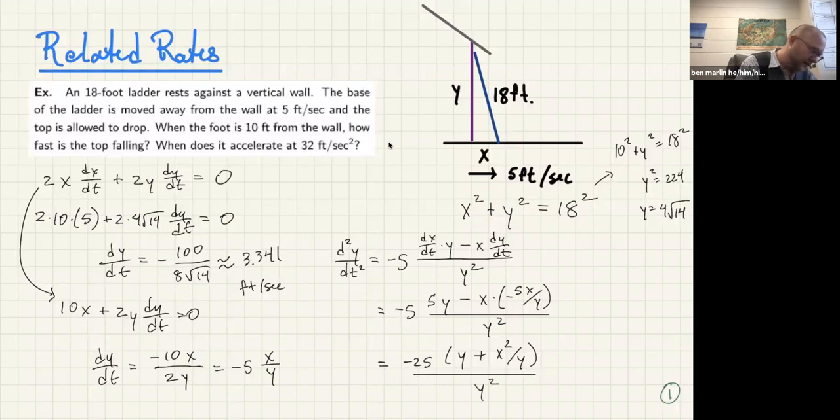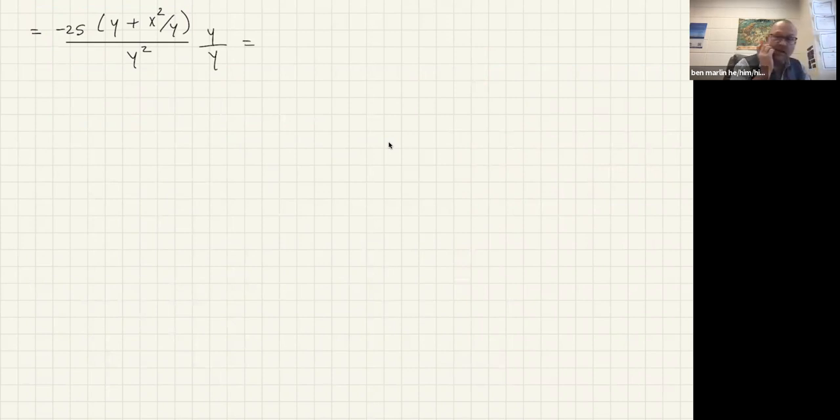All right, that is too much stuff on one side. I am going to add a page here. And on the new page, I'll just paste where we were with this. And so now to simplify a little further, I'm going to multiply the top and the bottom by y. The reason I'm doing that is to get rid of the fraction inside of the fraction.